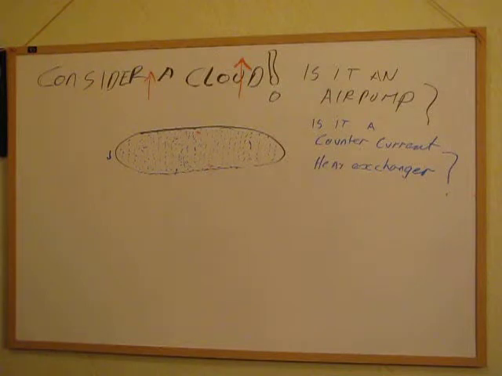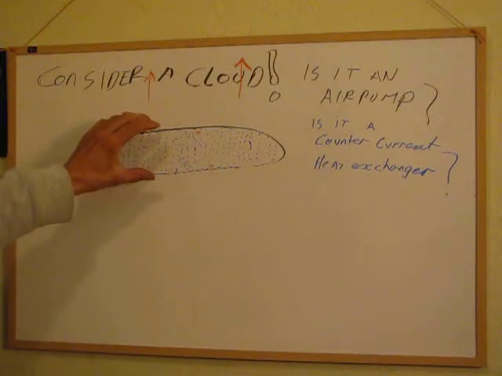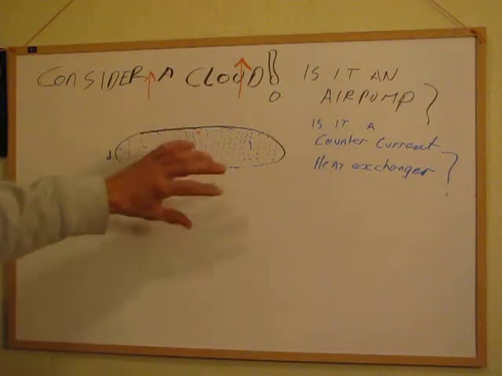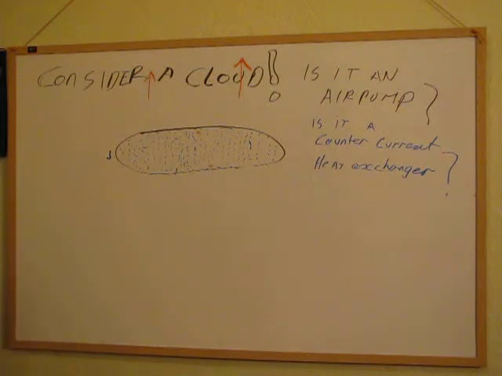So less pressure, droplets; more pressure, droplets disappear. So if you take that as part of physics that is real, then we have to figure out how can a cloud form and expand in the real world.